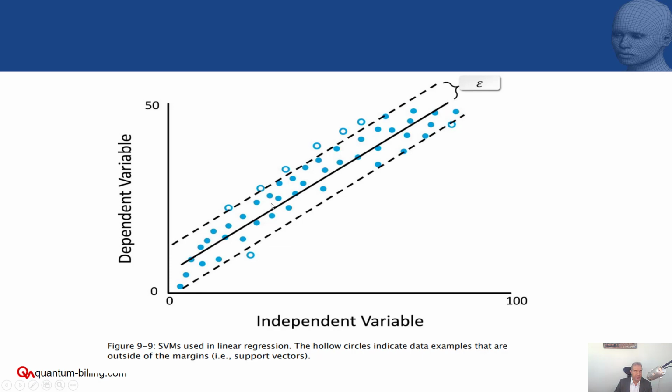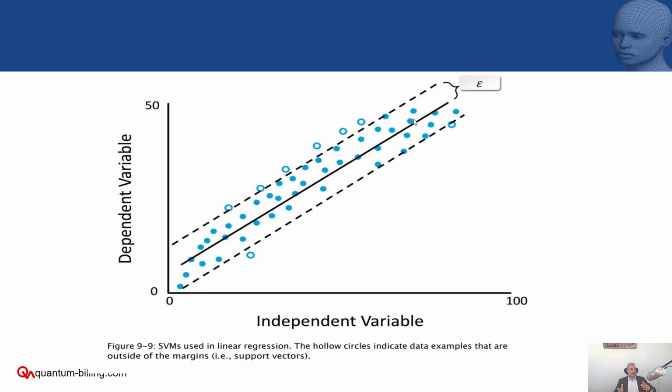We have a line, and we have a boundary, and that is much like if we compare support vector machine to something like linear regression. We are going to cover it later. Support vector machine performs much better than linear regression. Why?